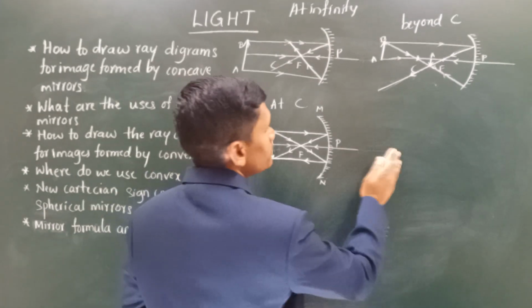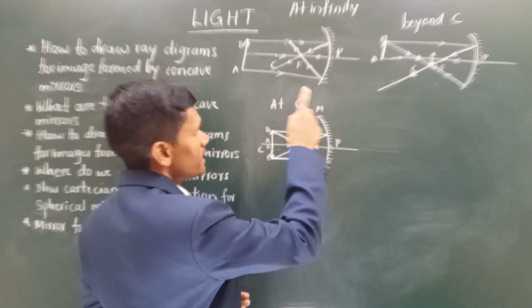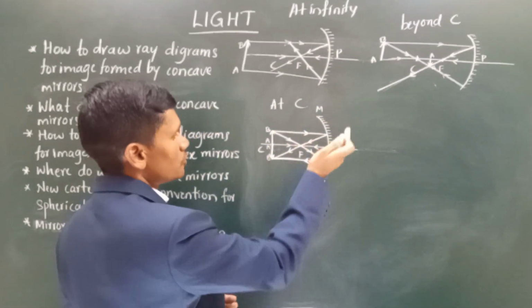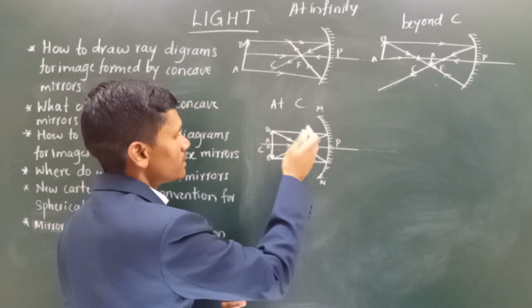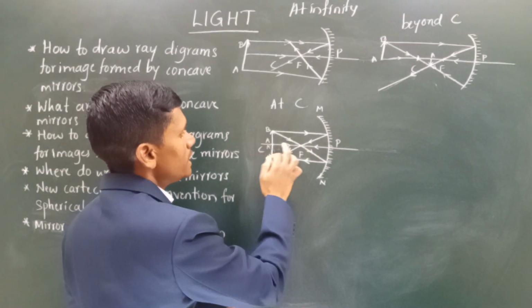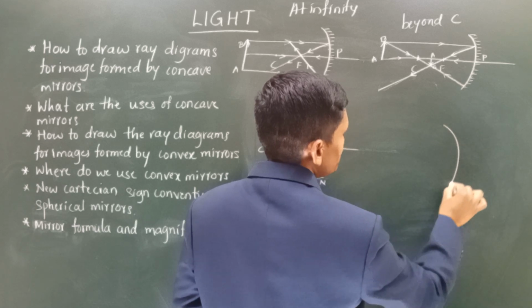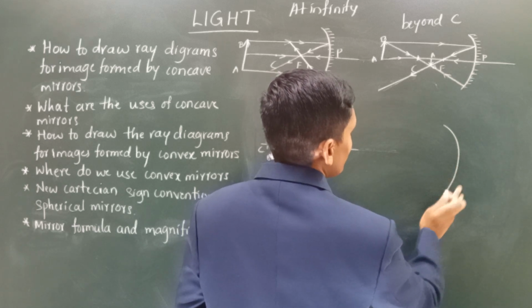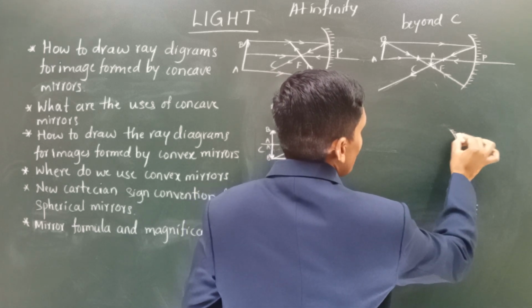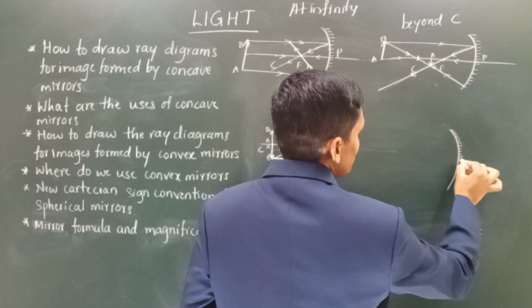Next, let us bring the object close to the mirror. That is the next point you can consider, between C and F. When the object is between C and F, what will be the nature, size and position of the image?